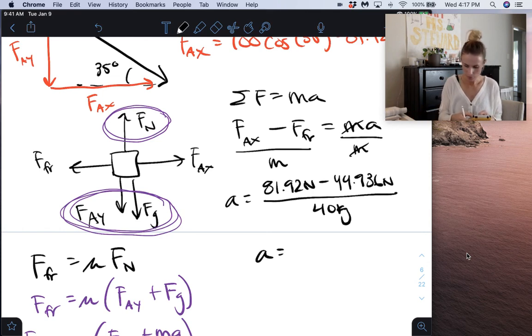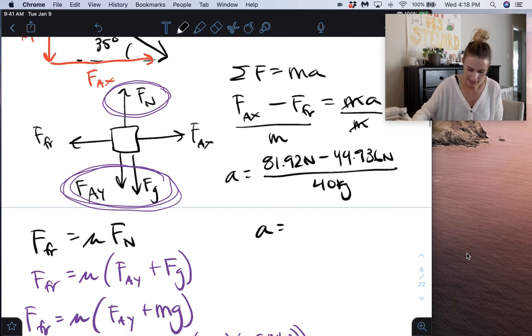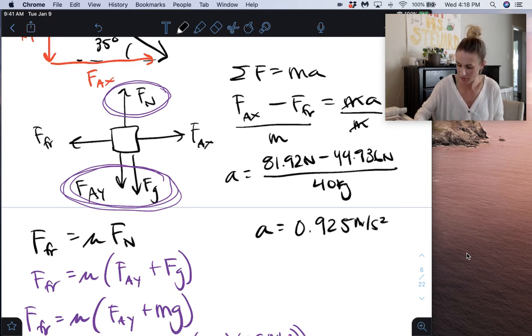So we get 81.92 minus the answer, divided by 40, and we end up getting acceleration is 0.925 meters per second squared.